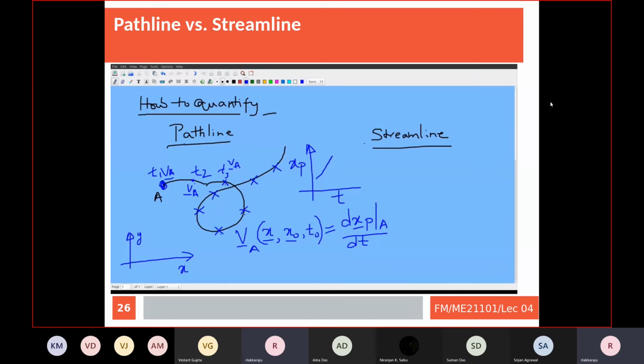So 1 unit, 2 units, again 3 units, and so on. If we do that, we call that a path line. And once we know those positions, we can always calculate dxp by dt of that particular fluid particle as the velocity of that fluid particle.